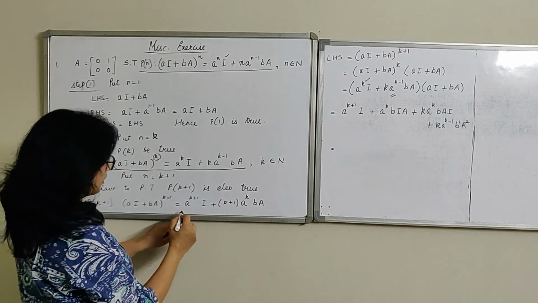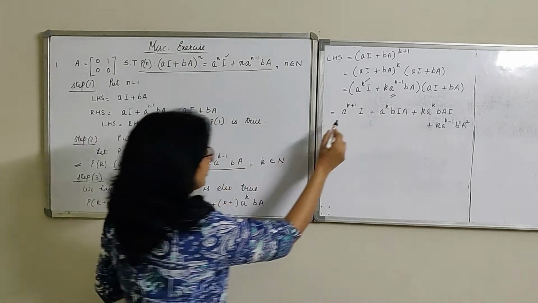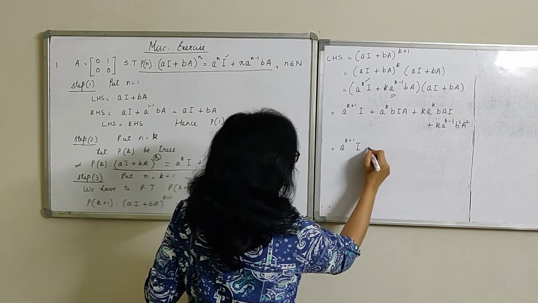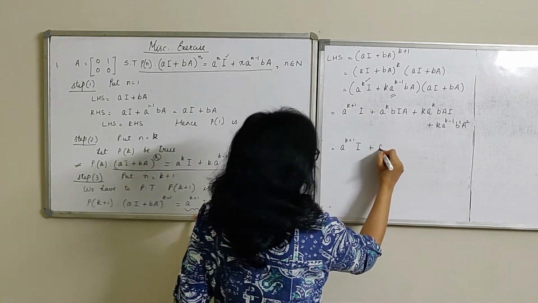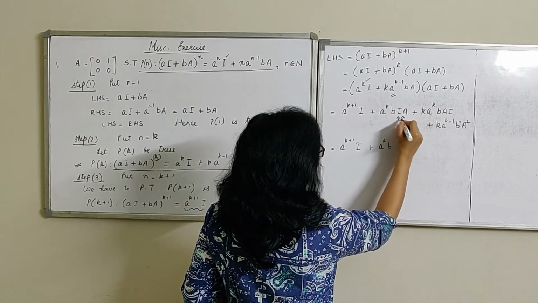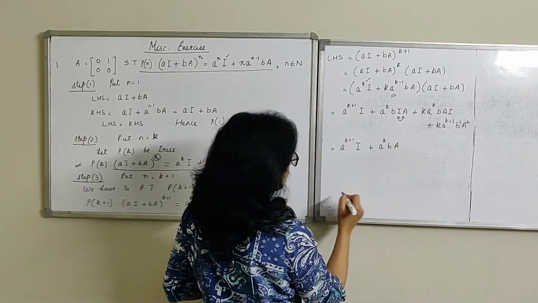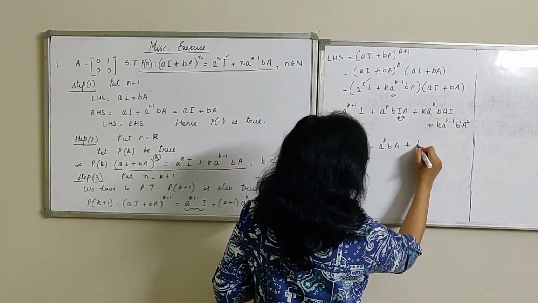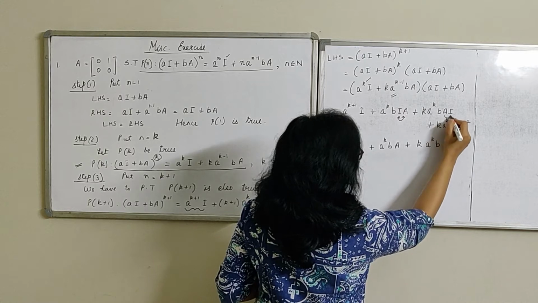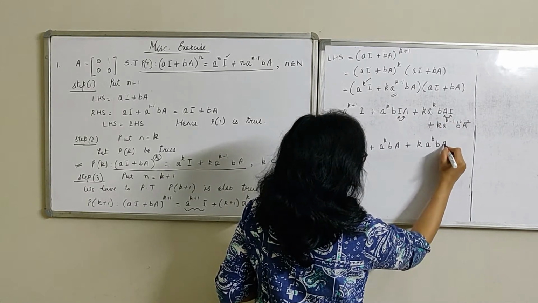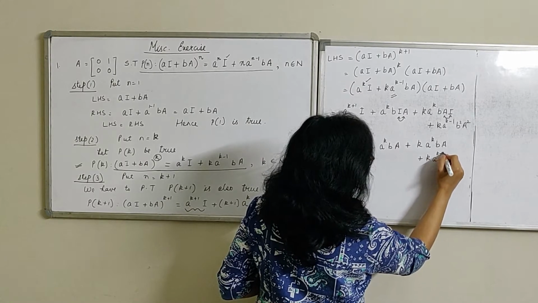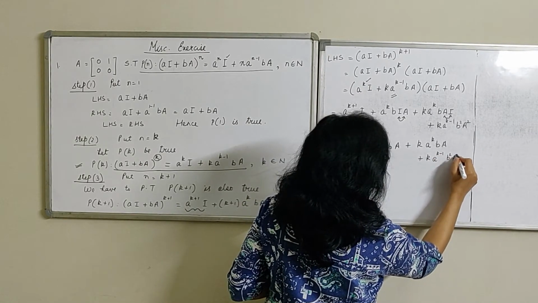So as you can see here, the first term has already been obtained, a to the power k plus 1 I. Simplifying this term, it is a to the power k b. Identity matrix multiplied by any matrix is the matrix itself, and over here k a to the power k b, once again this is matrix A, plus the next term, which is this.